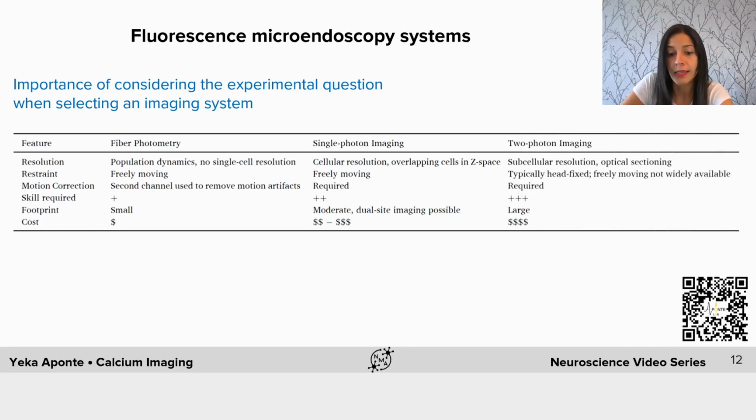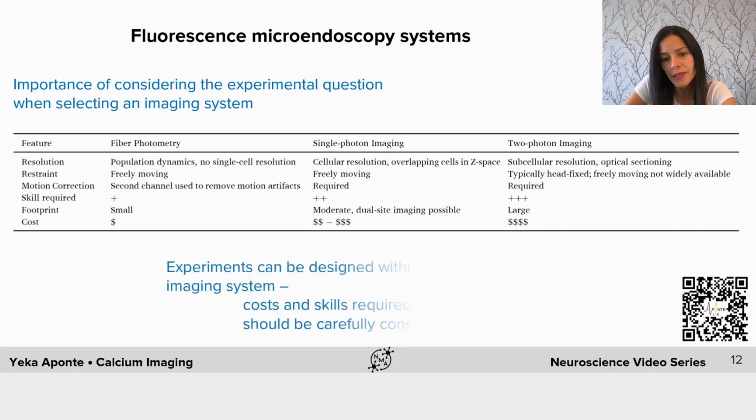Last but not least, we have the two-photon imaging system. This one allows subcellular resolution and three-dimensional images. It is typically used for head-fixed experiments. However, it seems that a freely moving version is in the making. This type of system is usually expensive and large.